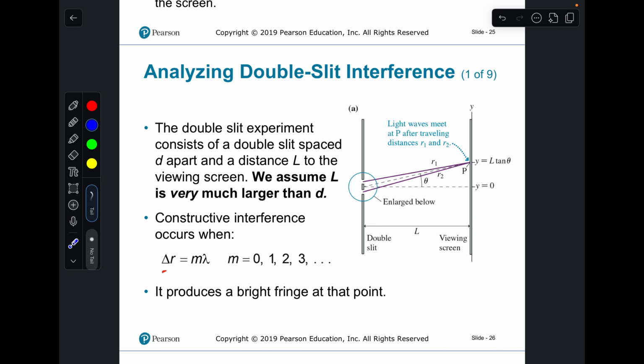And of course, the constructive interference condition is going to be the result of the path length difference between R1 and R2, which we'll call delta R. And that's going to be equal to an integer number of wavelengths. So the question is, can we use this geometry to determine what is delta R? We're going to zoom in right here and figure out how to express delta R with this geometry.